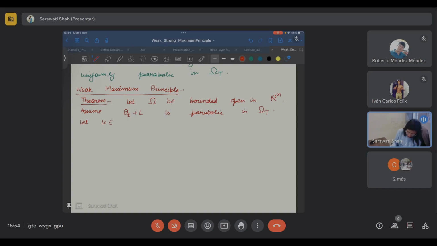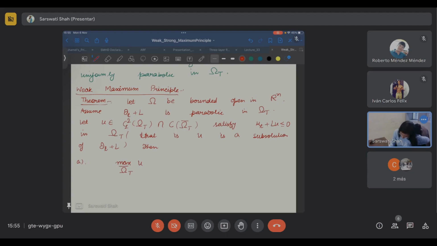Let u belong to C^{2,1}(omega t) intersection C(omega t bar), satisfying u_t plus Lu less than or equal to 0 in omega t, that is, u is a subsolution of del t plus L. Then maximum of u over the closure of the domain is equal to maximum of u over the boundary.